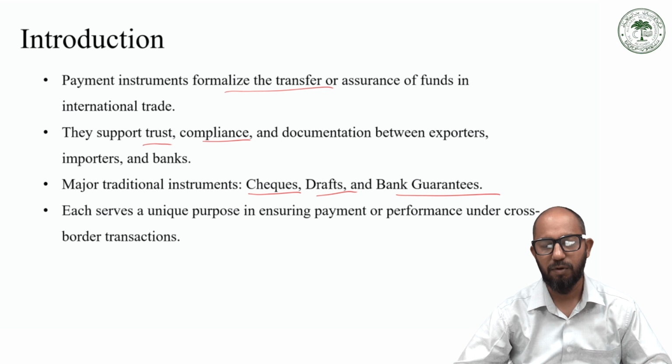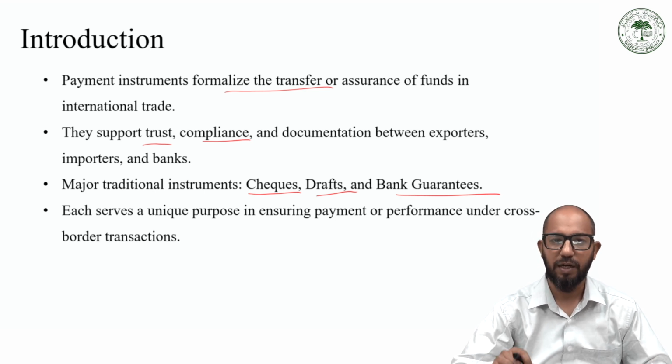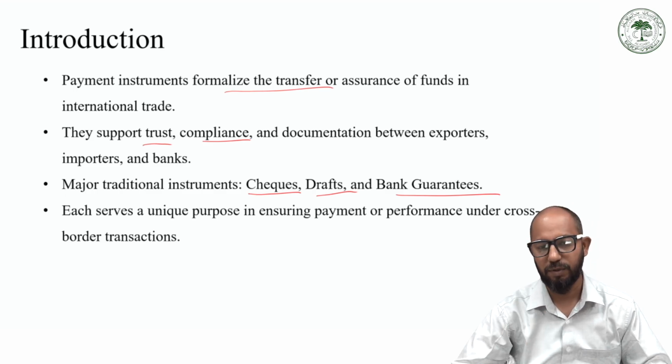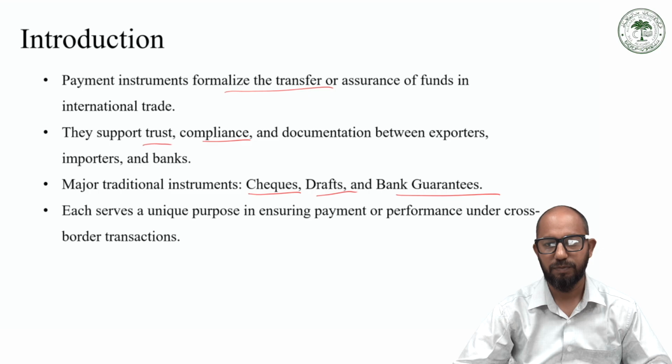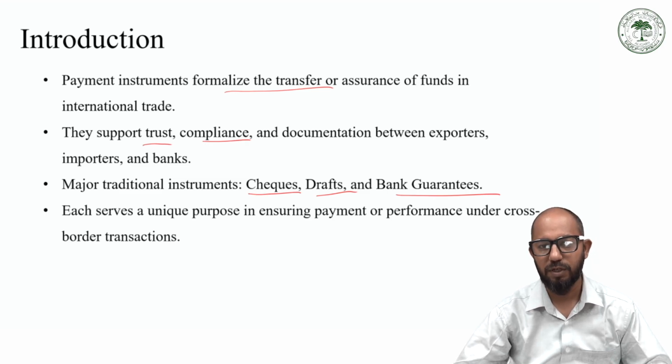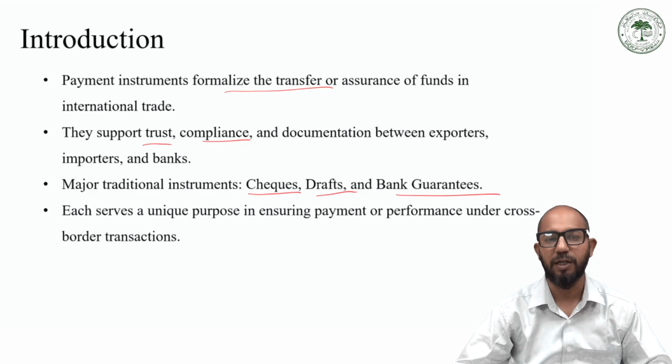Everybody is aware of them, and in their personal lives, everyone connected to the import export business is using these kinds of financial instruments. So, because everybody connected to the network of international trade is already using them, it becomes easy for the exporters to use the same instruments in international trade. Thus, they are traditional and widely used.